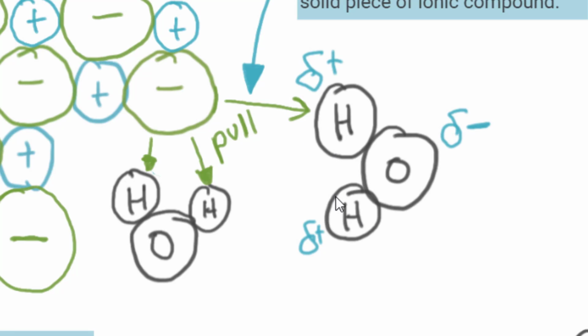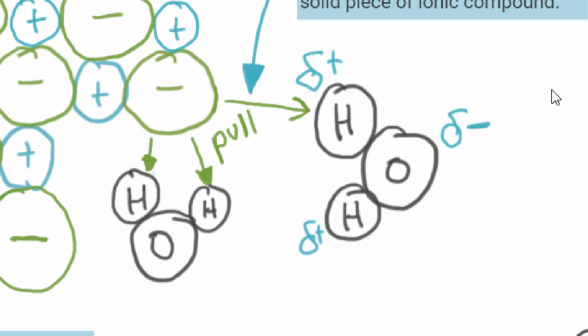And the positive ends of the water molecules, as seen here, come up and they start to tug on the negative ion. And they're pulling on it. And there's millions of them, and they're all surrounding that ion, and their combined strength is strong enough to pull that ion away from the positive ions.